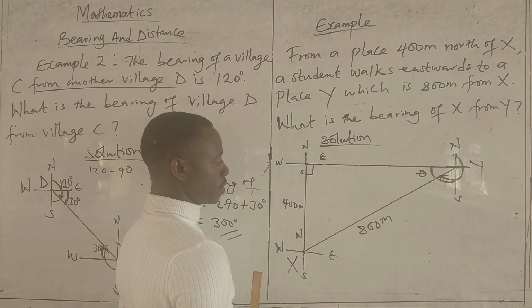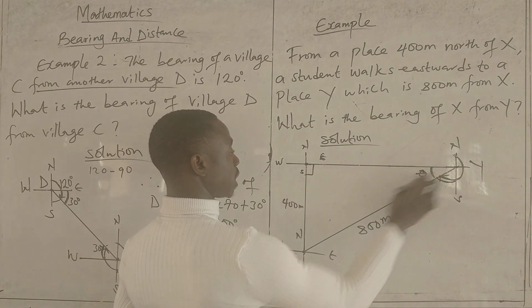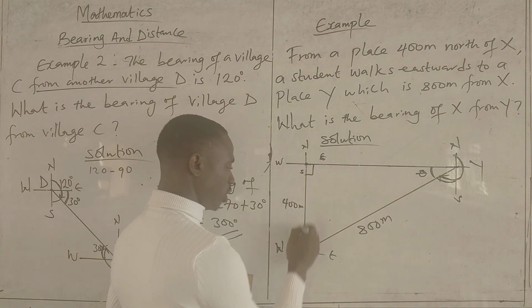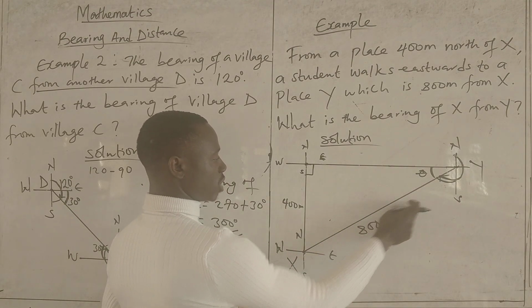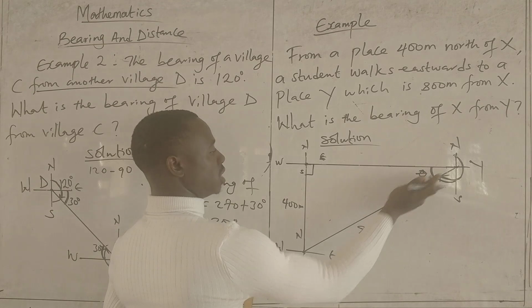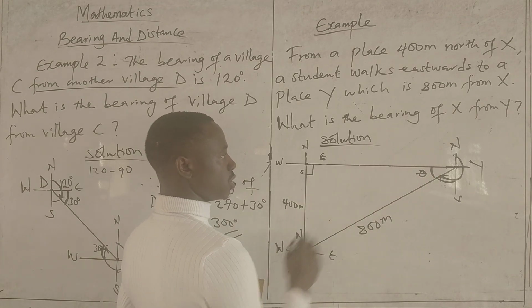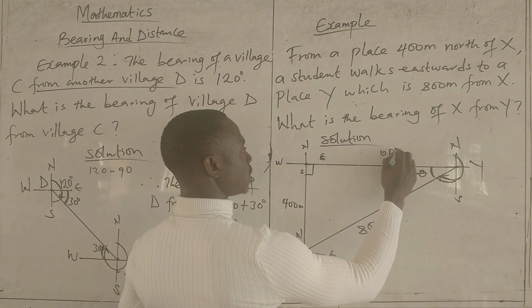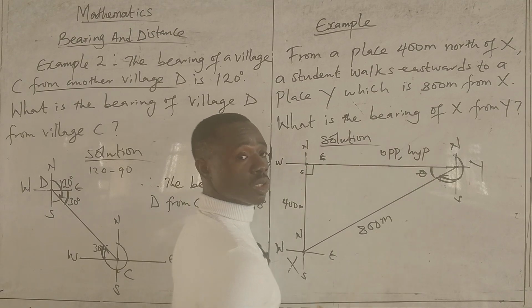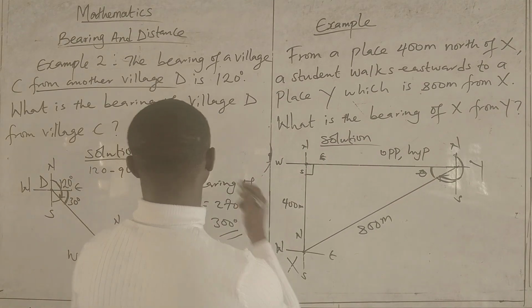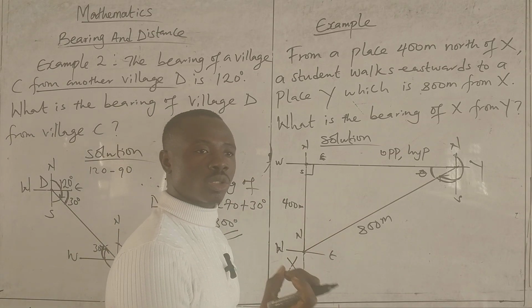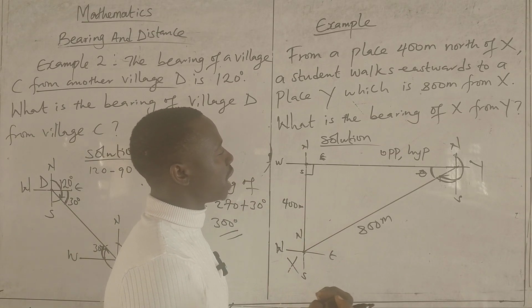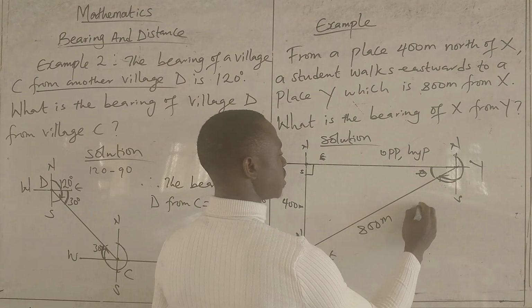Now, since this is a right angle triangle, this 400 meter now becomes the opposite to theta, while this 800 becomes the hypotenuse, the one facing angle 90 degree. So we are dealing with opposite and hypotenuse. So what do we do? According to SOHCAHTOA, I've told you must understand SOHCAHTOA. Which one connects opposite and hypotenuse? That's sine, right?